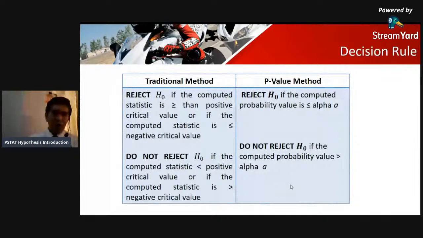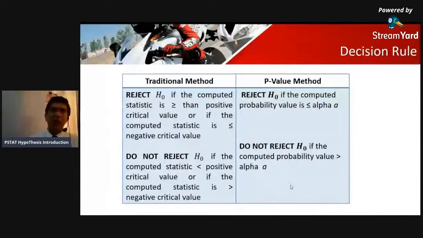Traditional method: we reject the null hypothesis if the computed statistic is greater than or equal to the positive critical value, or if the computed statistic is less than the negative critical value. For the p-value method, we reject H0 if the computed probability is less than the alpha.